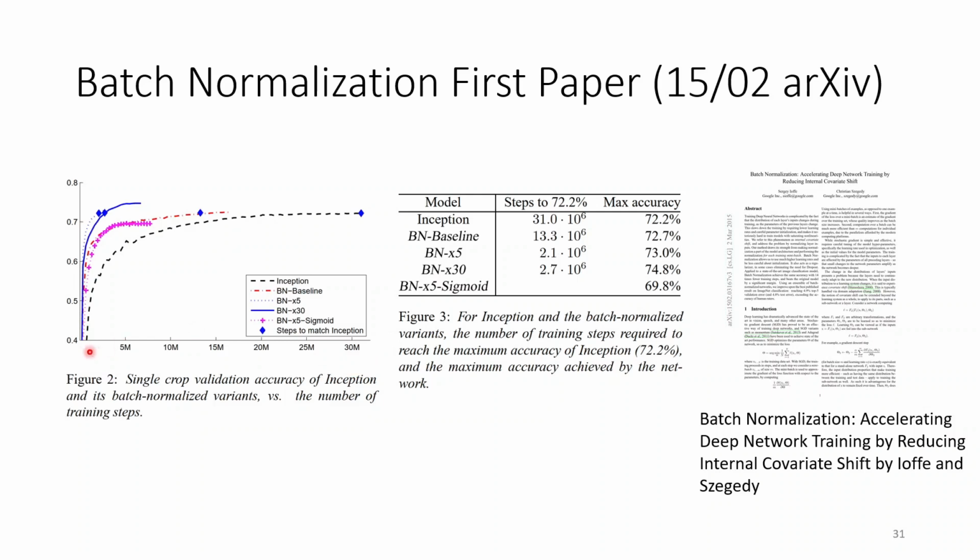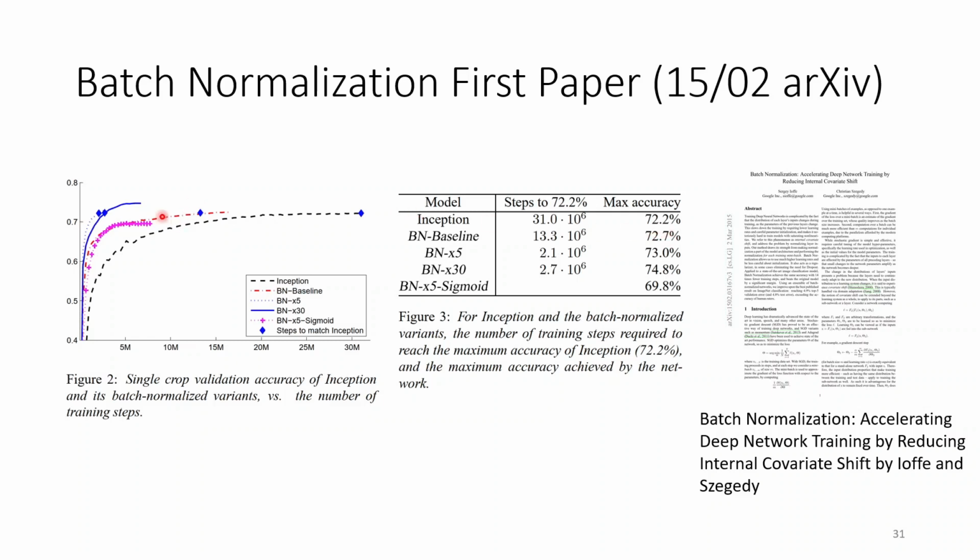The x-axis is in fact the step. Do you remember? When you do backpropagation, you do one step, so your gradient will go slightly lower, or your total loss will go slightly lower. It means more than 30 million steps to achieve a certain score, and they say the score is 72.2%.